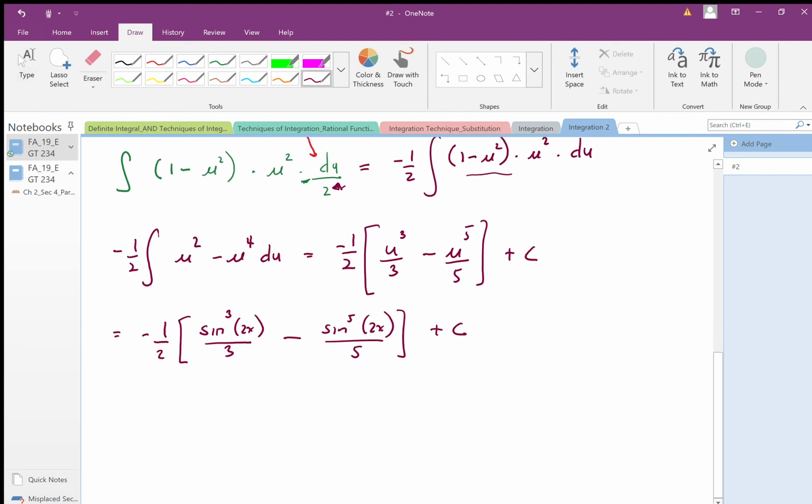If I take it a step further, I'm going to get 1 over 6 sine cubed 2x minus 1 over 10 sine to the 5th 2x plus c. This is your answer right here.